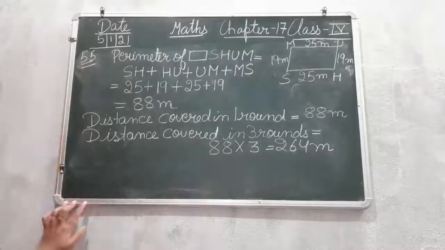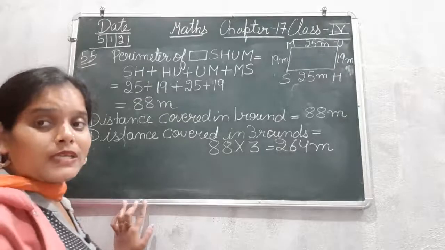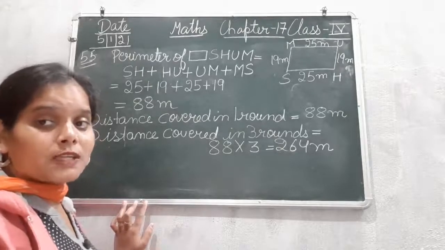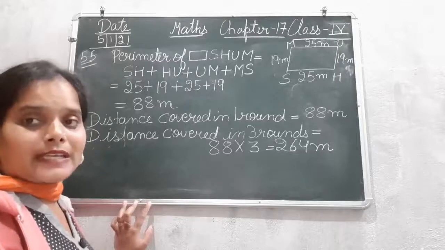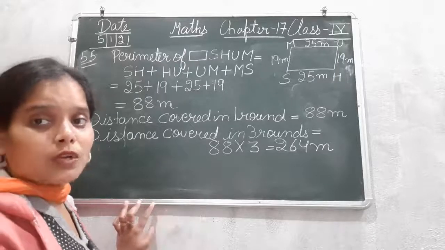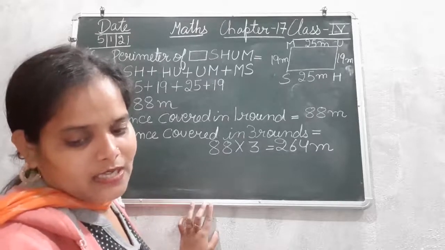So this 264, what is it? So this 264 is the total measurement of the distance that he has covered while taking the 3 rounds of that rectangular field. Okay, so देखिए question में क्या दिया हुआ है? How much distance does he cover?